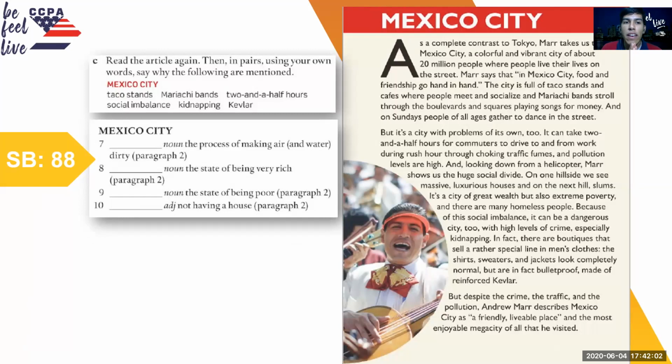So now let's go to complete the definitions with the right word from the text. And we have number 7 that says it's a noun. It's on paragraph 2, and it says the process of making air and water dirty. Alexander, can you tell us the name of a victim? Sophia, okay. Sophia, what do you call the process of making air and water dirty?